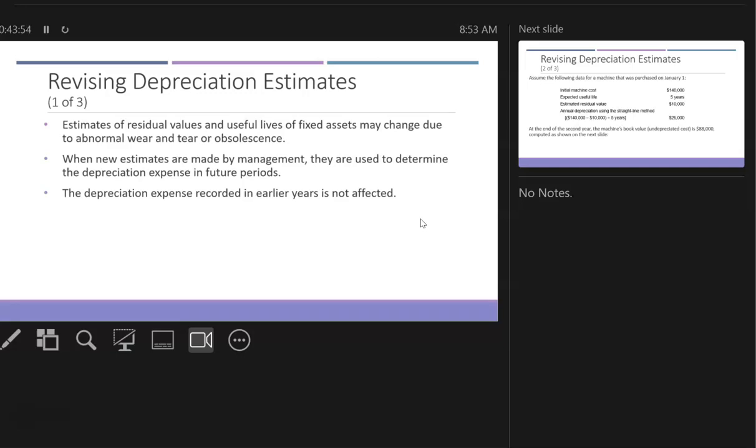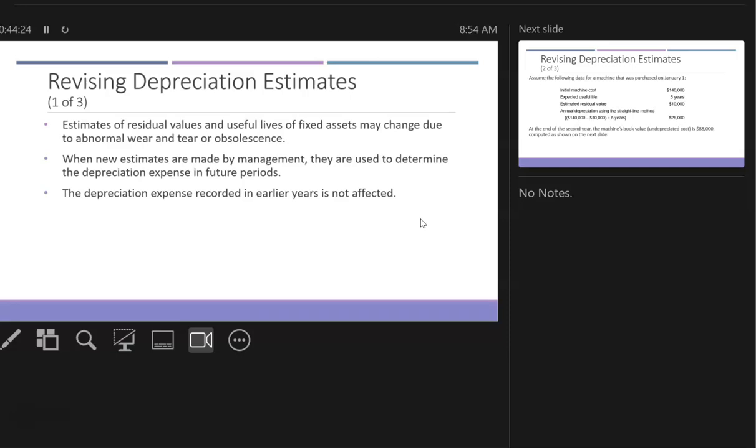Now, guys, this is all estimates. The best we can do is based on past history and what we think these assets are going to render us. But estimates and residual values can change. When new estimates are made by management, they're used to determine the depreciation going forward. We never go back and fix what we've done.